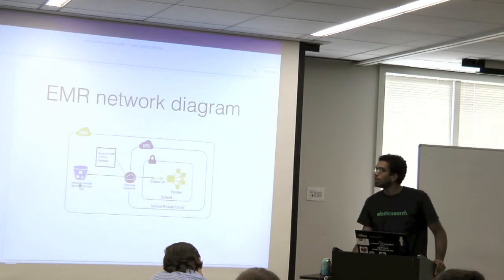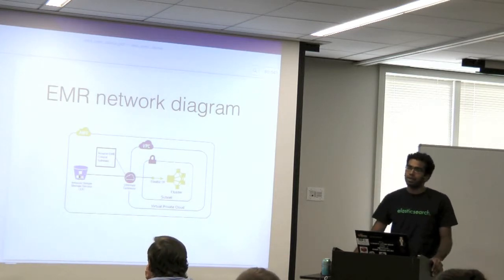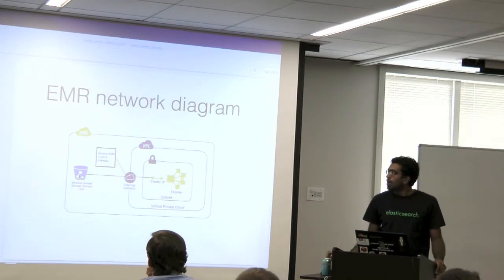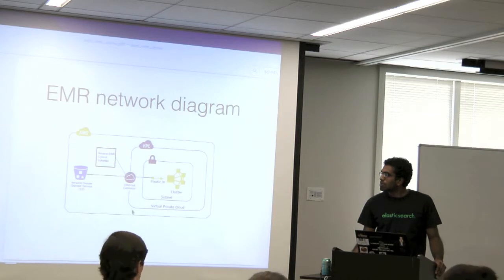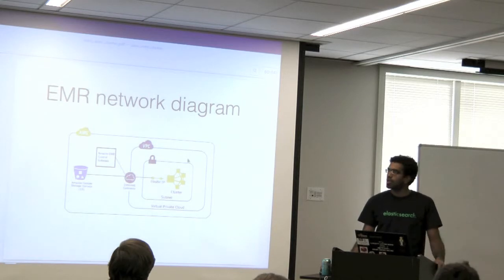So let's get started. This is a network diagram of what it basically looks like. So this is AWS, and this is the Amazon Simple Storage Service. Are you guys familiar with S3? Okay, so we are basically storing our data in S3, and we're running Elastic MapReduce jobs on top of data in S3.